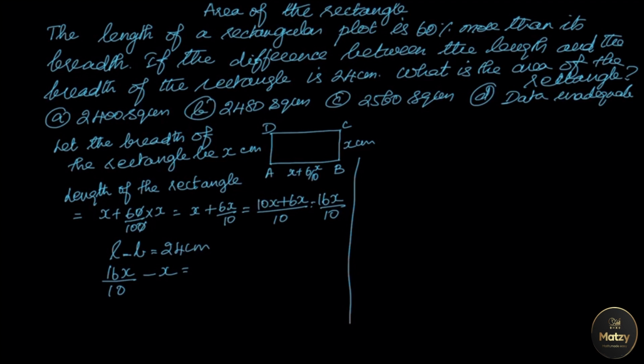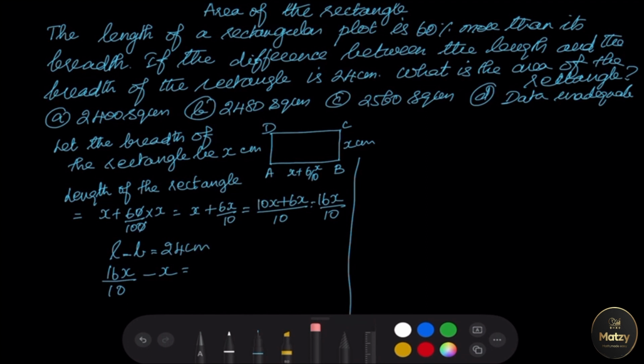Now, again I am taking LCM. LCM is 10. So, 16x minus 10x is equal to 6x by 10.